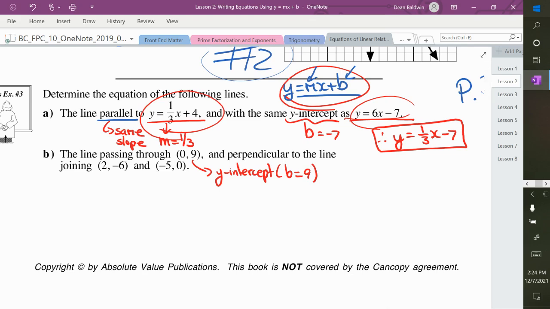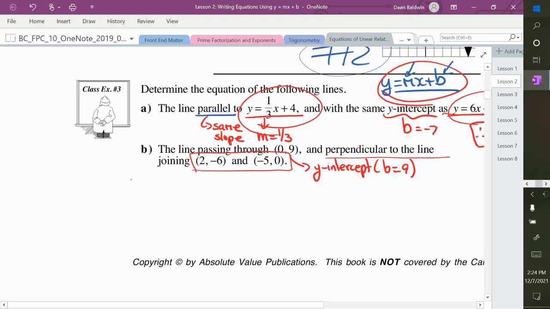They tell us it's perpendicular to the line joining these two points. You don't have to draw a visual, but if I drew a visual of that, 2, -6 is there and -5, 0 is there. So our line is perpendicular to this line. As soon as you see the word perpendicular, what piece of information do you need to figure out? Slope.